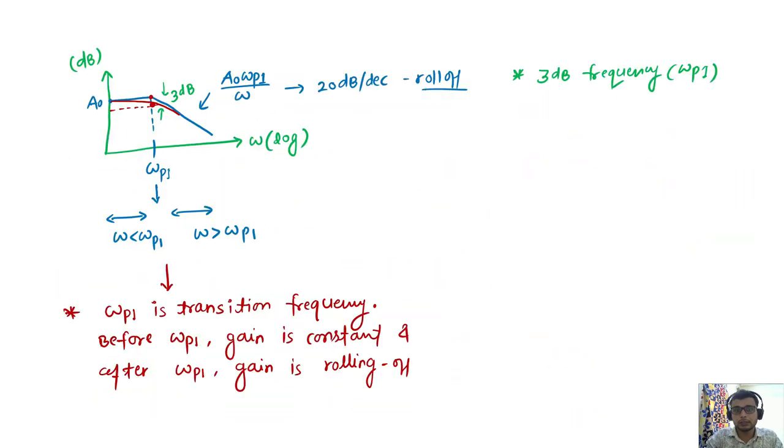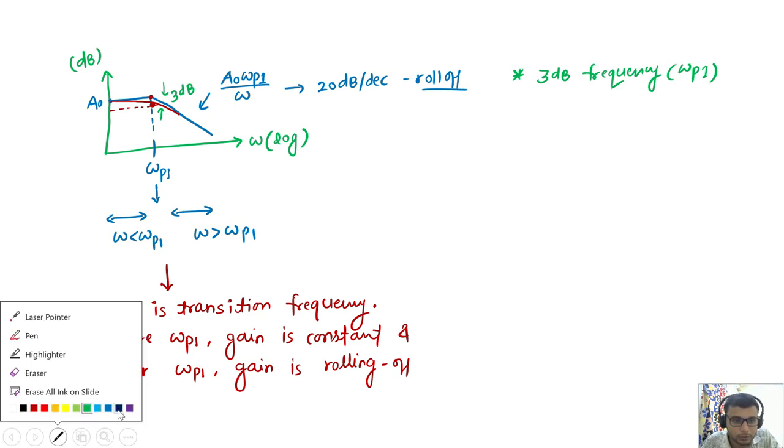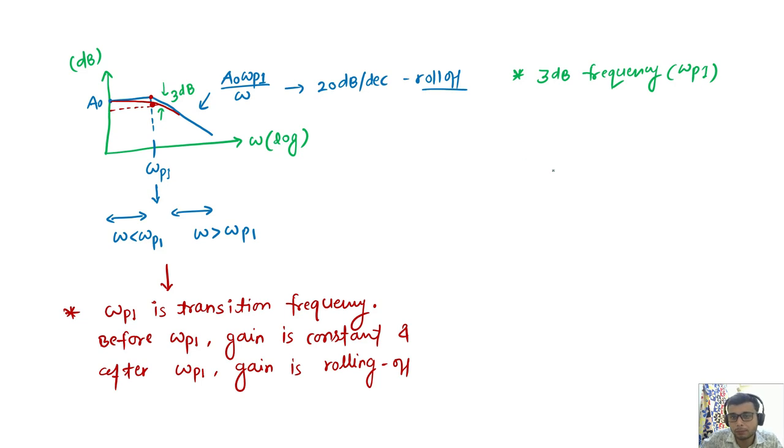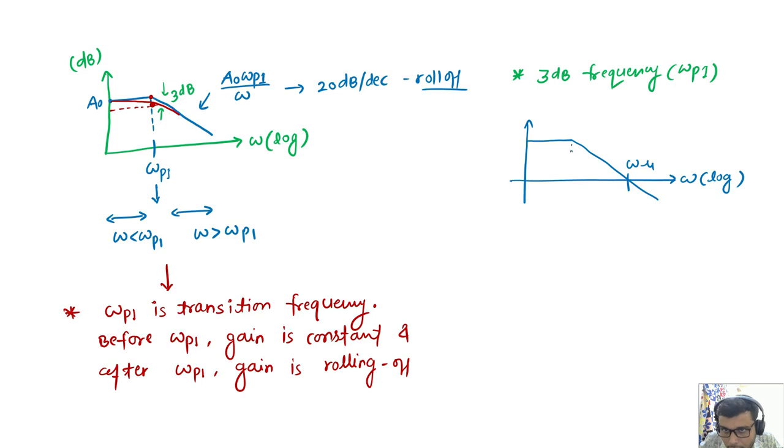We can see a little about its phase plot also. If I plot omega on log scale, somewhere here is omega ugb, and this is omega p1, which is the 3 dB frequency.